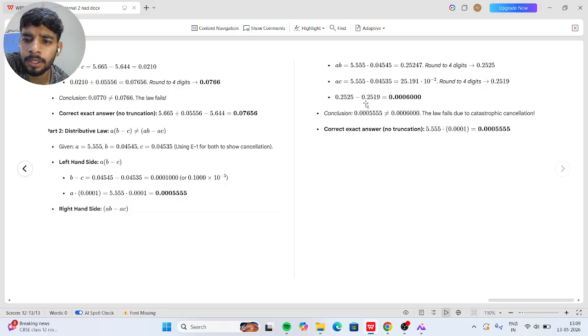And if we subtract them, we will get 0.0006000. If we see the left hand side and right hand side, there are two different answers, so they are not equal. So the law fails due to perfect cancellation. Correct answer, with no truncation, 5.555 times 0.0001, which gives 0.0005555.